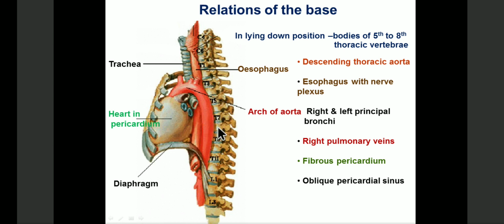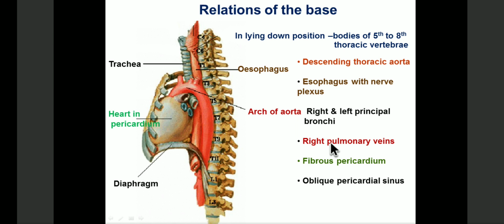All those structures are going to form the posterior relations of the heart, which is basically the base of the heart. If we enumerate, the fifth, sixth, seventh, eighth thoracic vertebrae, that is the middle four thoracic vertebrae, the descending thoracic aorta, the esophagus with its nerve plexuses, and the two principal bronchi going towards the right and the left lung.